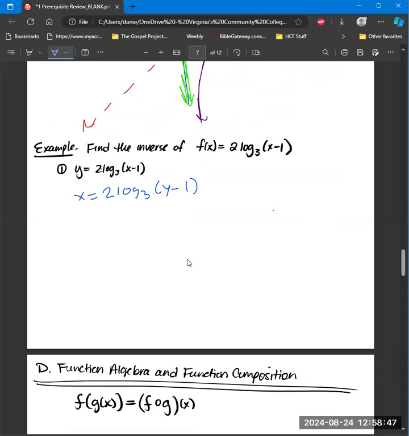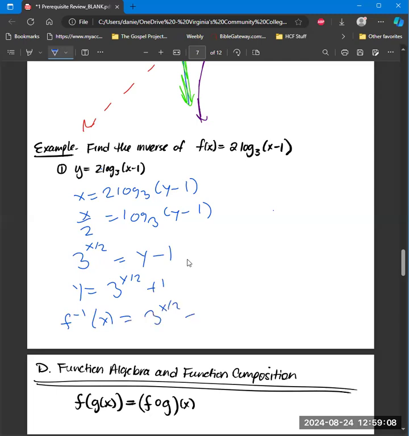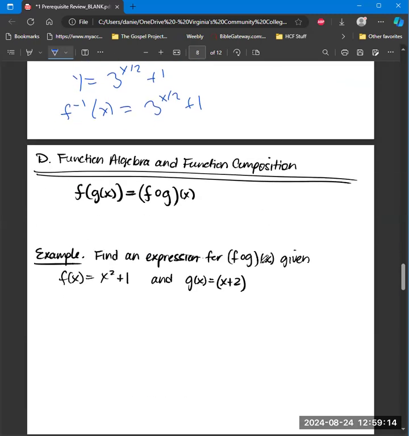Now we're going to solve for the new y. And then we're going to replace that y with f inverse of x. And we're done with that.